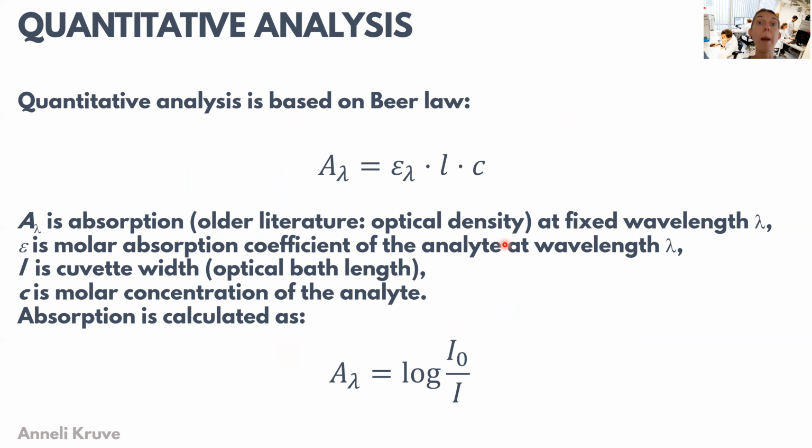So this fact that the molecules are absorbing at a very wide wavelength region means that selectivity can be a very big problem in ultraviolet visible spectroscopy.